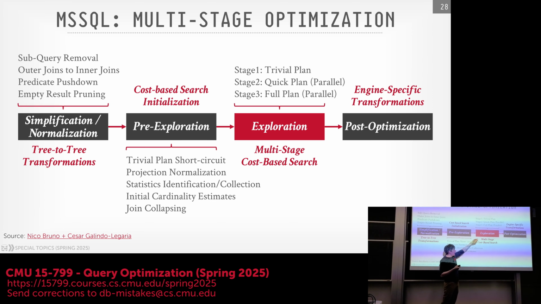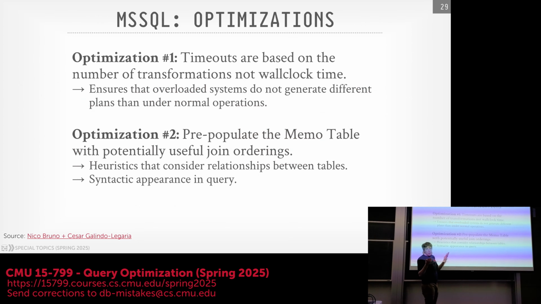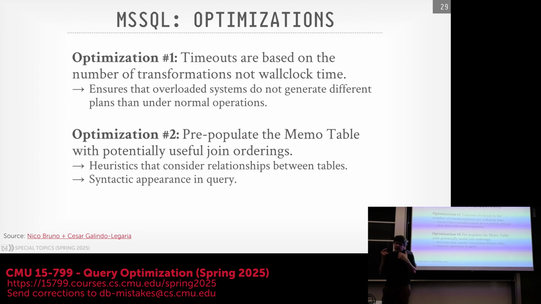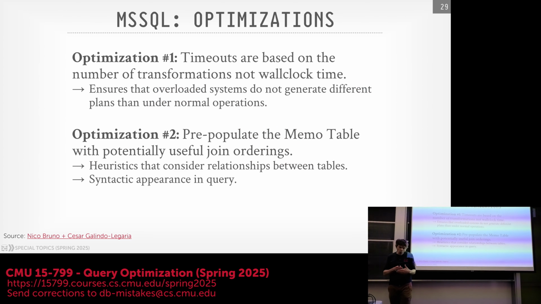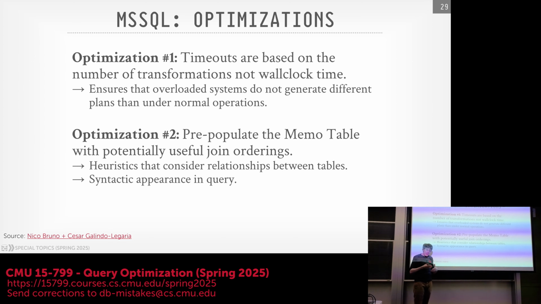It's this one that's expensive. So if I've applied 1,000 transformations and that's my budget, then you terminate there. And that's better than the wall clock time, because they said that this guarantees that the database system will always produce the same quality query plan for a given query, no matter whether the system is overloaded or underloaded.